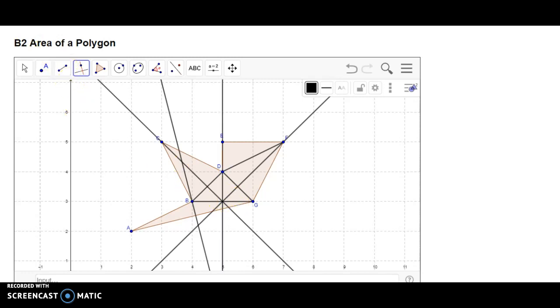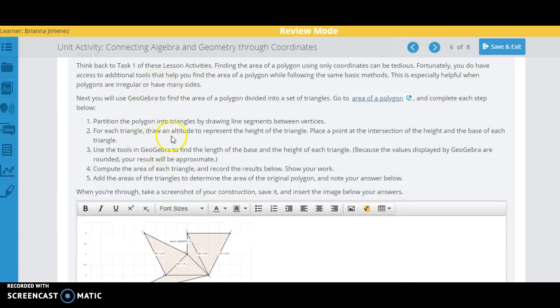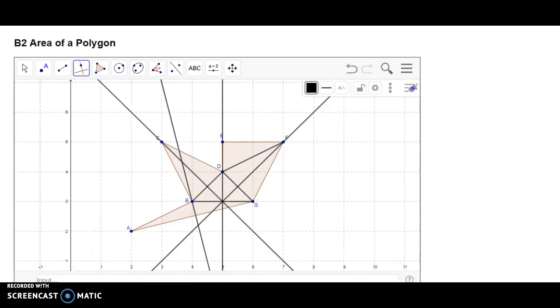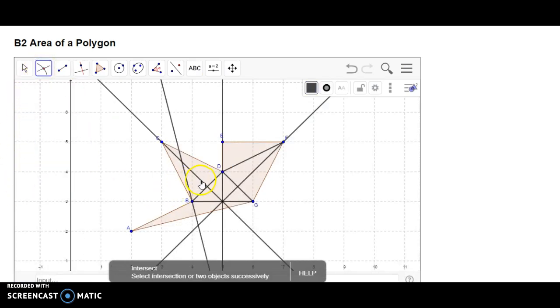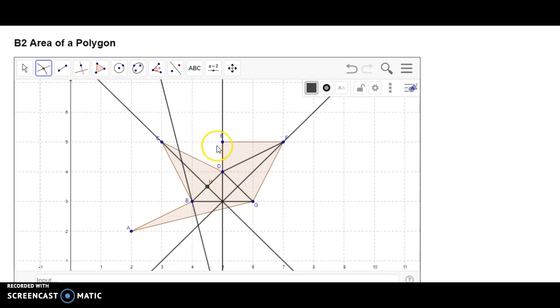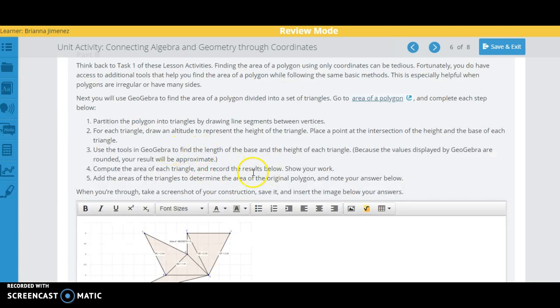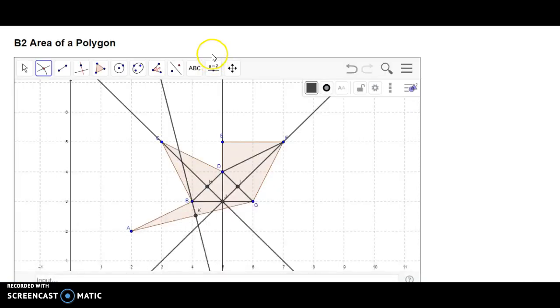So after you have all these altitudes, place a point at the intersection of the height and the base. Over here, intersection point, so that's going to be height here and base here, so right there. This one, like I said, doesn't need one. This one has one. This one has one. And that one. Alright. Now, we need to find the length of the base and the height for each one.